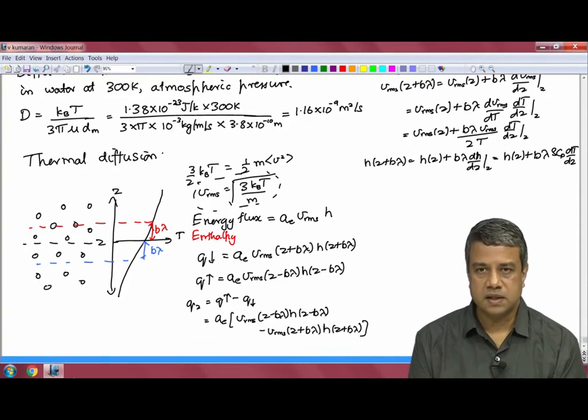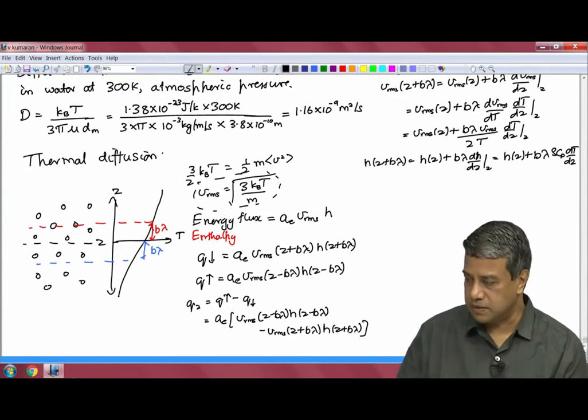So, these are the relations that relate the values of Vrms and H at z and z plus delta z, through the enthalpy density and the root mean square fluctuating velocity.